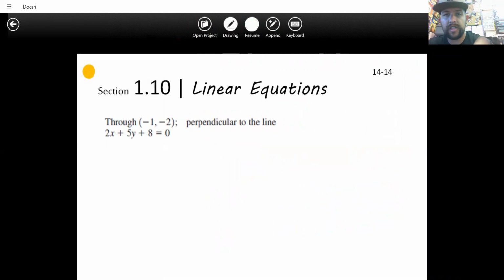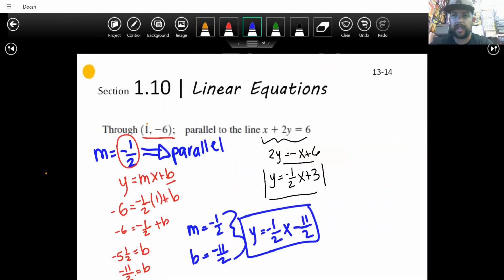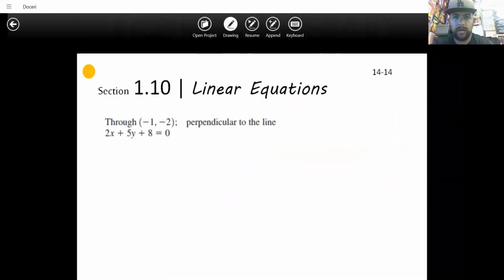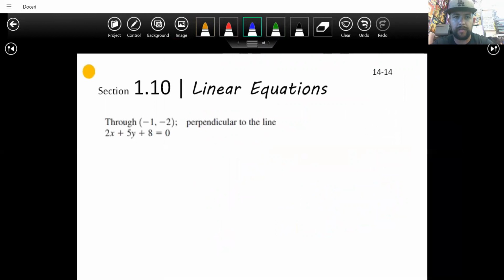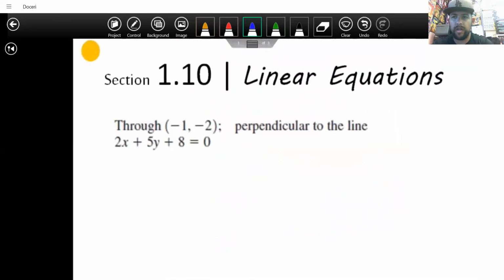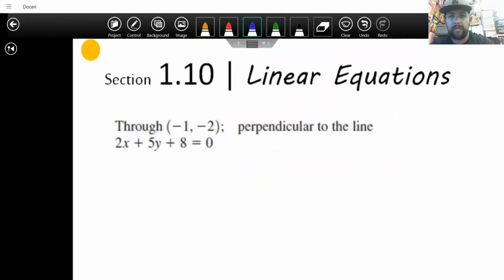So the first thing I'm going to do is change this up. Let's see what happens here. We're going to solve this problem out. We want to solve for the equation and put it into y equals mx plus b.